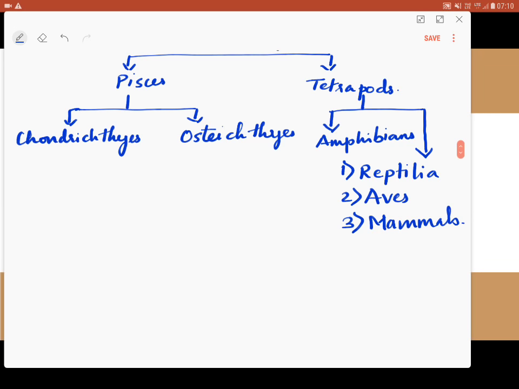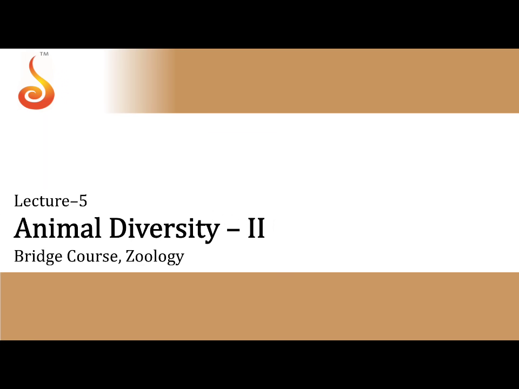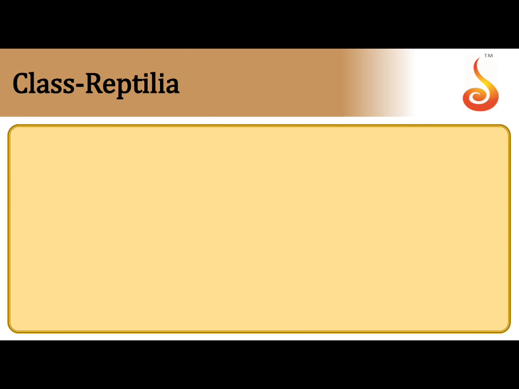Now continuing from reptilia, we see the characteristic features of reptilia now. Reptilias were the first terrestrial organisms, and hence they had creeping and crawling type of locomotion.